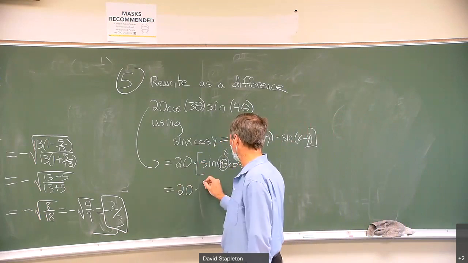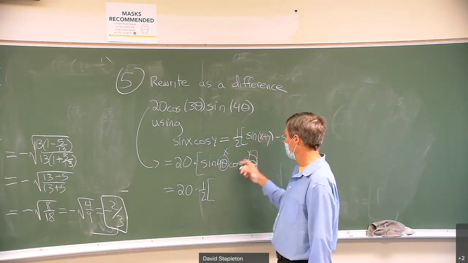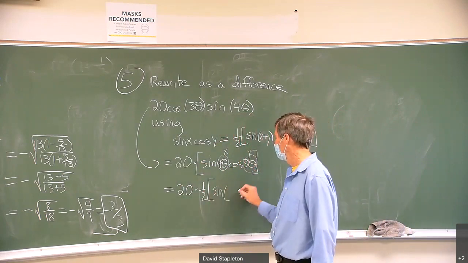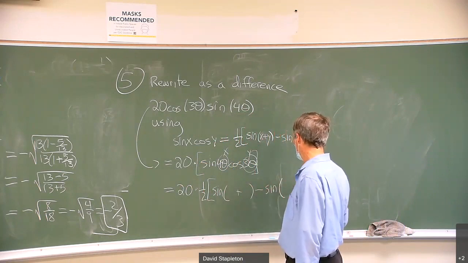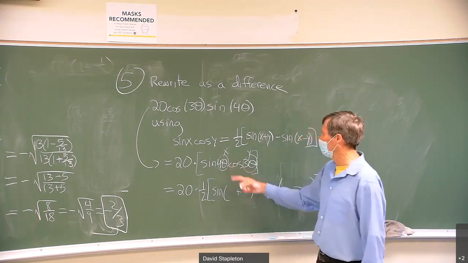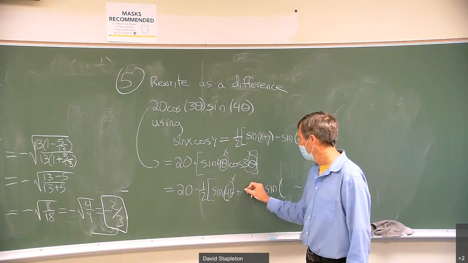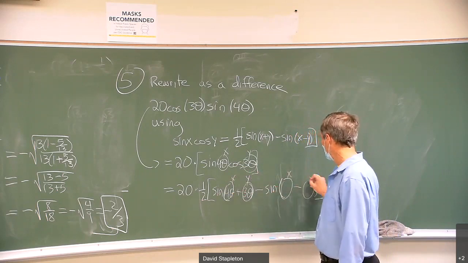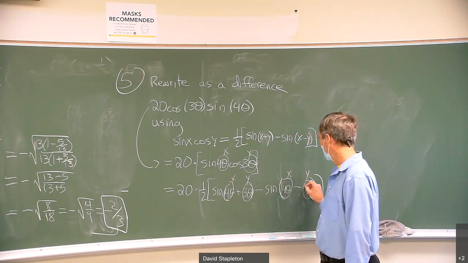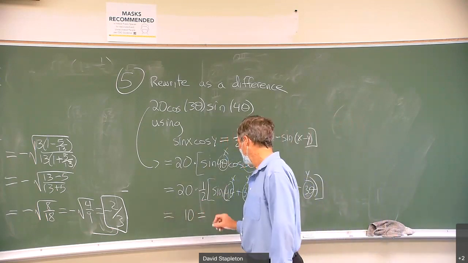By this identity, that is equal to 1/2 times sine x plus y minus sine x minus y, where x is 4 theta and y is 3 theta. And now it simplifies. 20 times a half is 10.